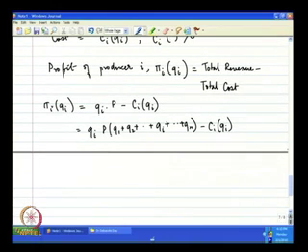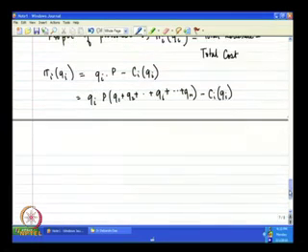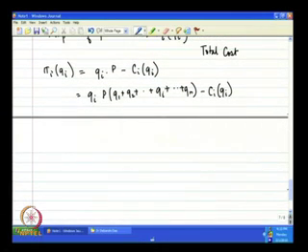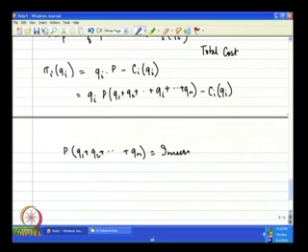So, this is the profit of this producer in general. Remember, this P as a function of Q1 plus Q2 plus up to Qn is nothing but the inverse demand function. And inside that inverse demand function, not only Qi is there, but all the Qs are there.